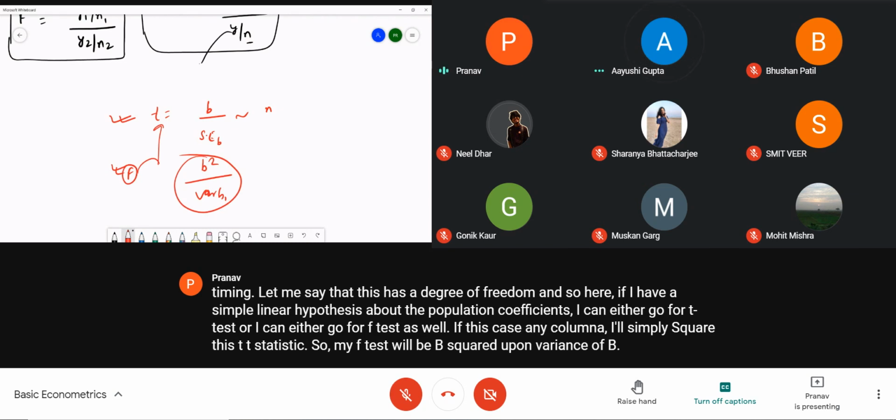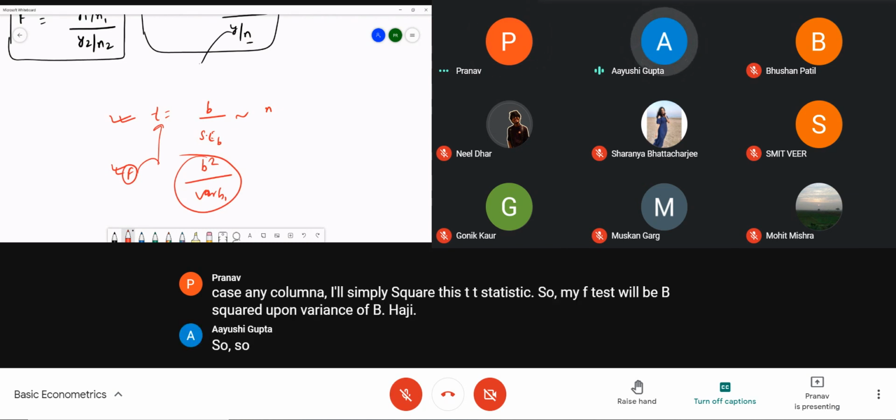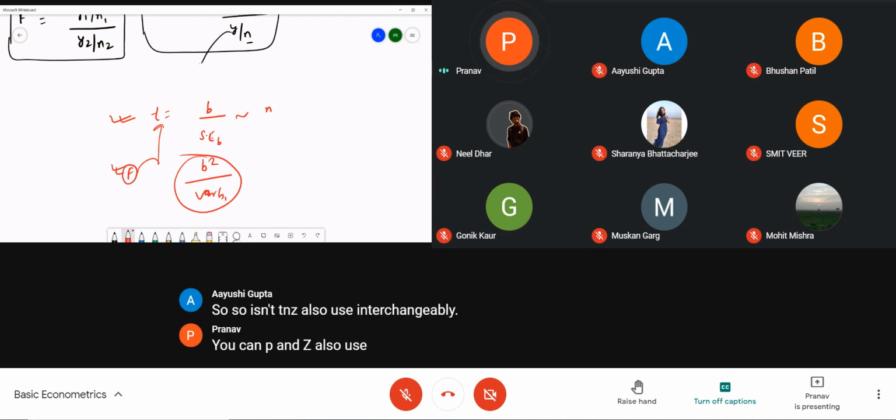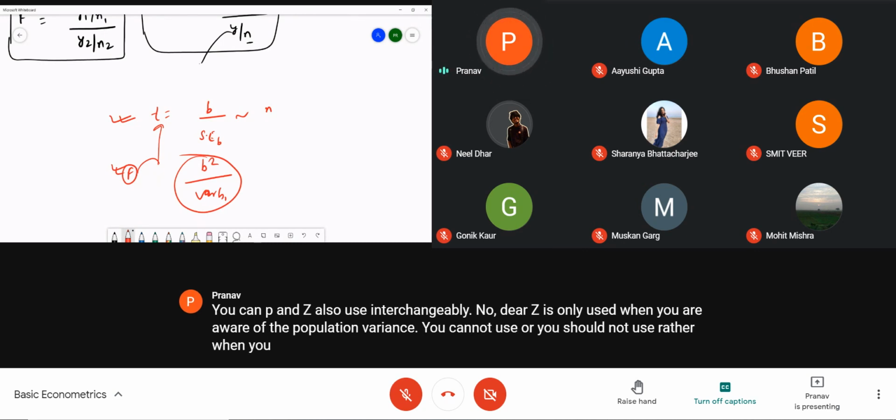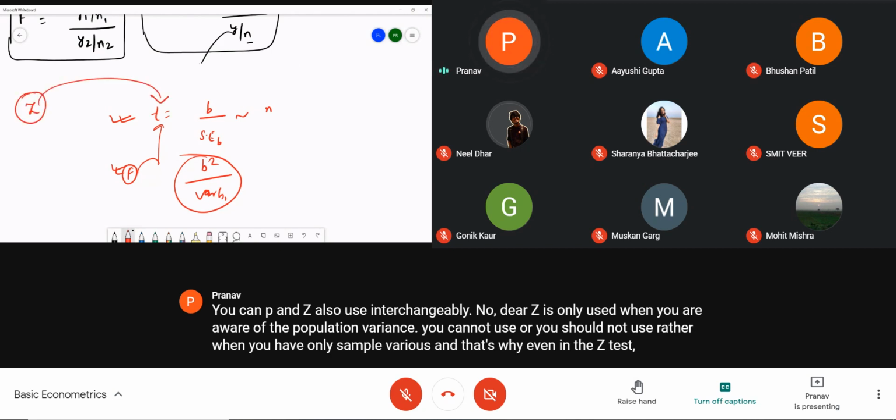Sir? Yes. So isn't T and Z also used interchangeably? No, dear. Z is only used when you are aware of the population variance. You should not use it when you have only sample variance. That's why even in the Z test, mostly you use the T statistic.